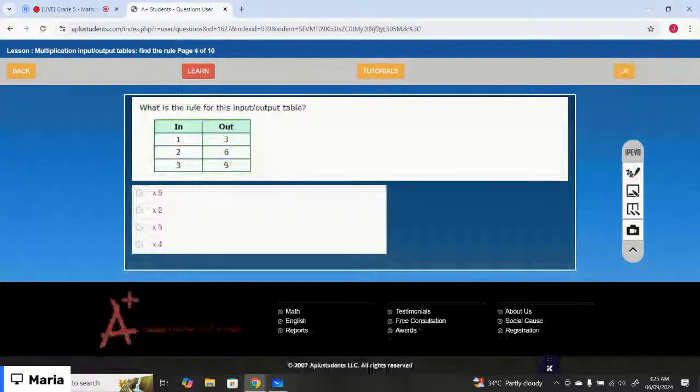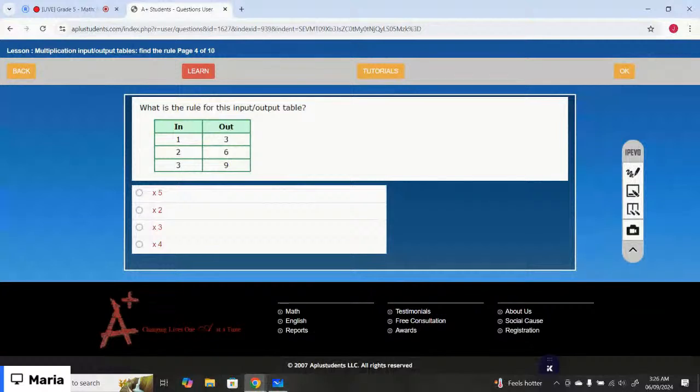Okay, what is the rule for this input output table? Which is the correct option? You have to multiply them by 3.